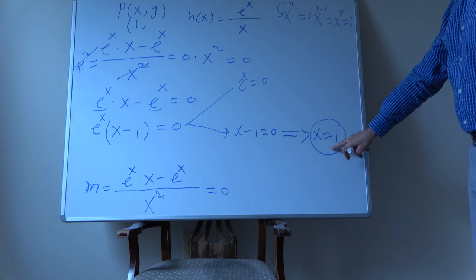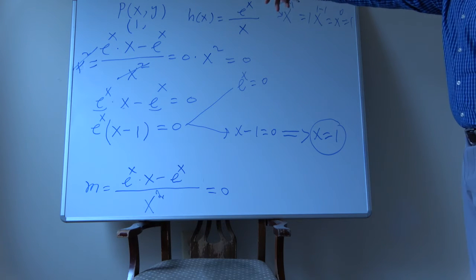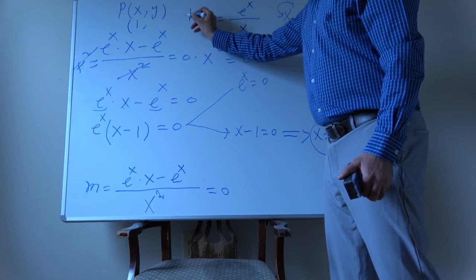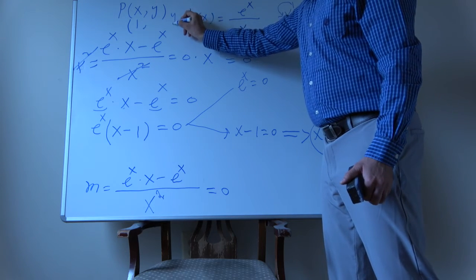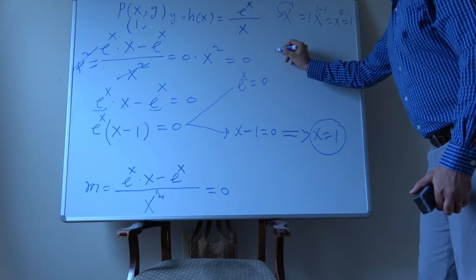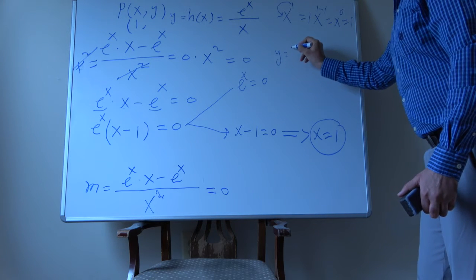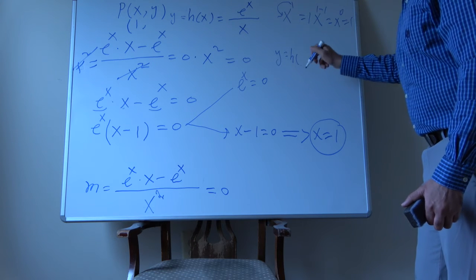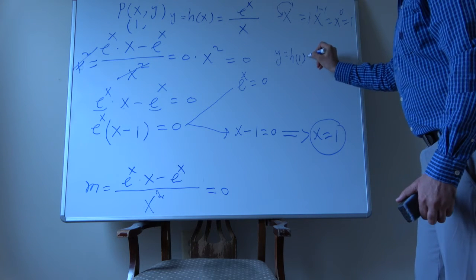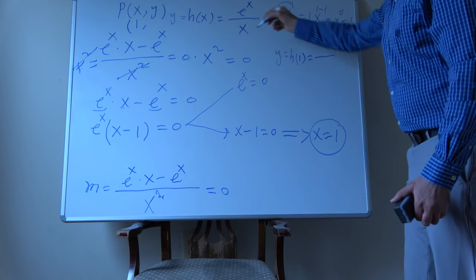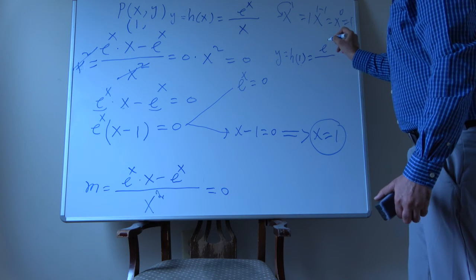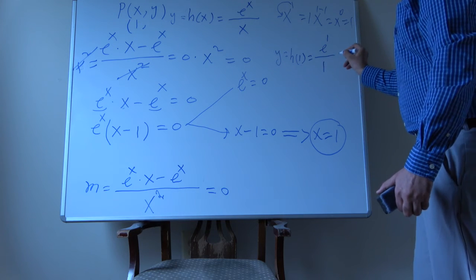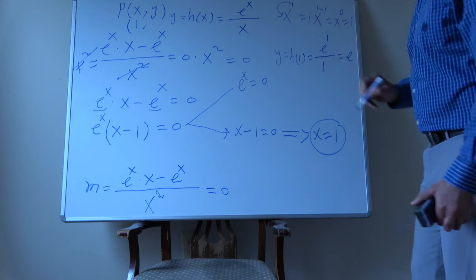So the only answer for x is 1, and now we find the y value, or h(x). h(x) is the function, so y equals h(x). Instead of x we put 1, so y equals e to the power of 1, which is e.